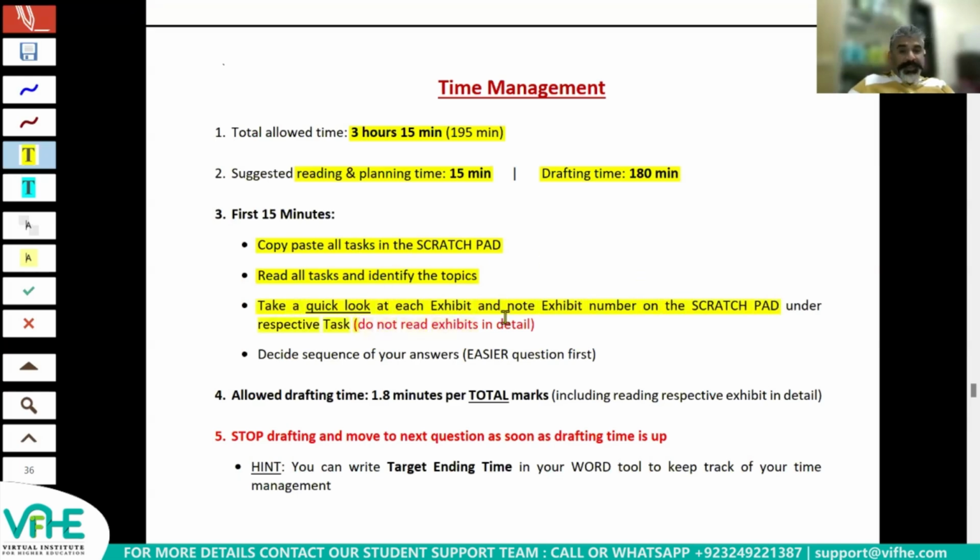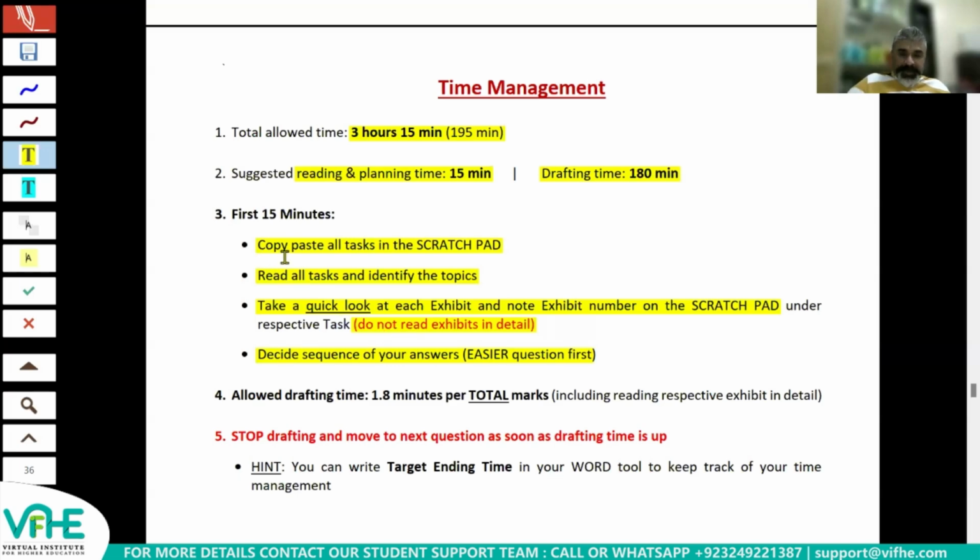I don't want you to read the exhibit in detail, just take a quick look to see which requirement this exhibit pertains to. And then decide the sequence of your answers, which means easier questions first. So this is the planning I want you to do in the first 15 minutes, right?